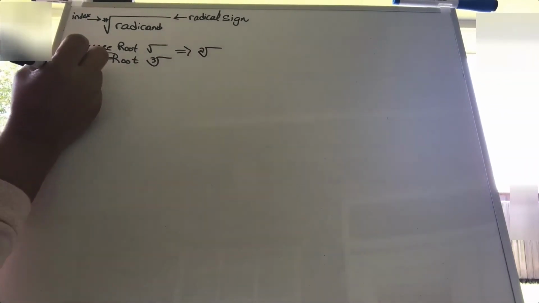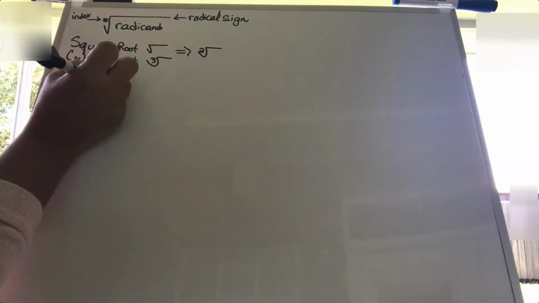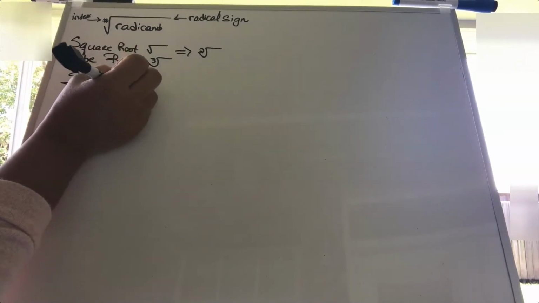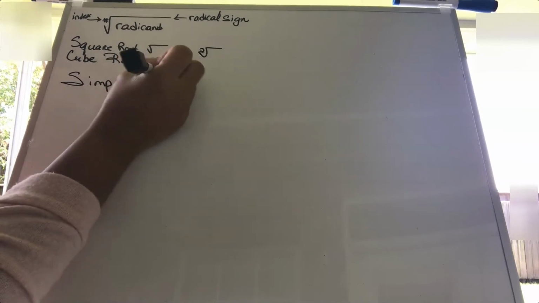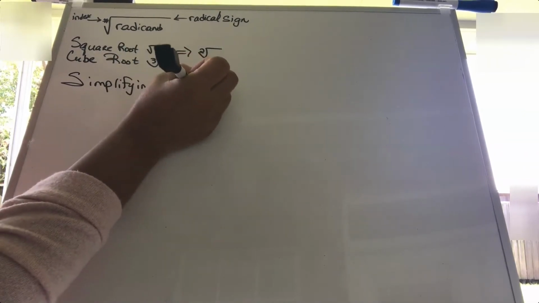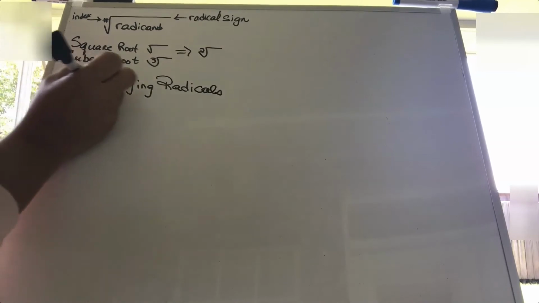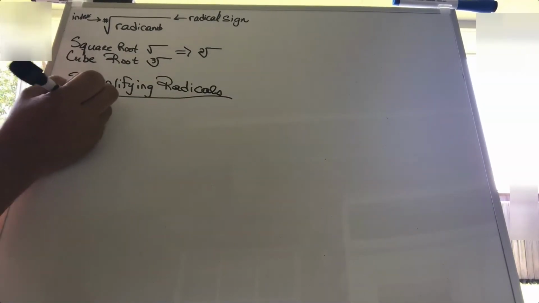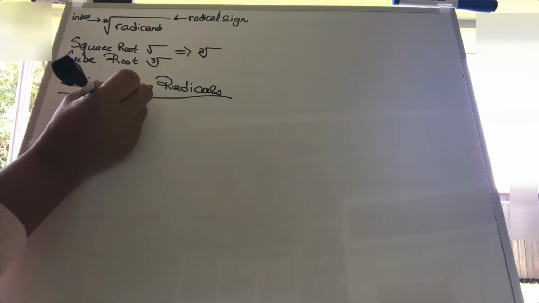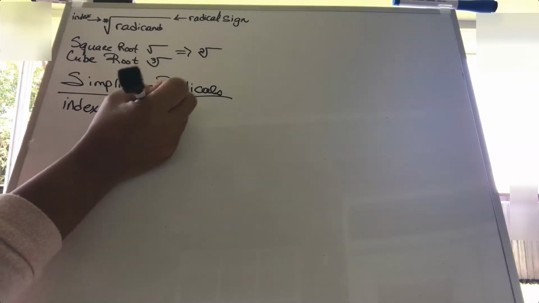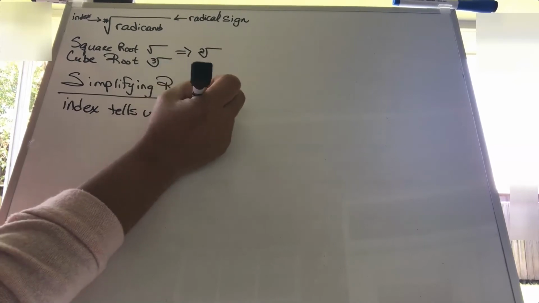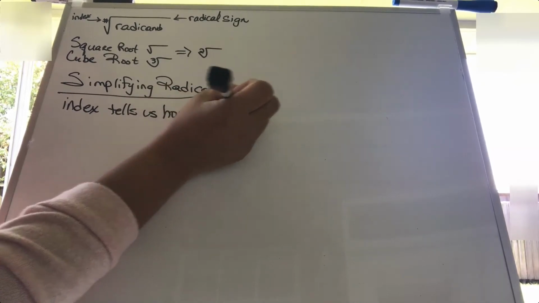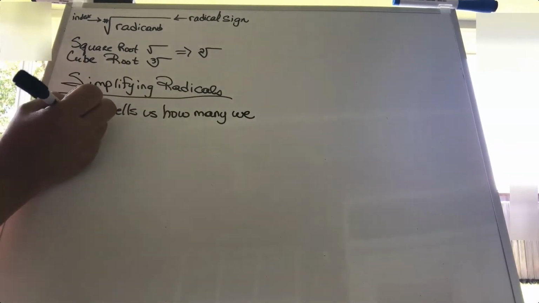When we're simplifying our radicals, the index tells us how many we need in a set.